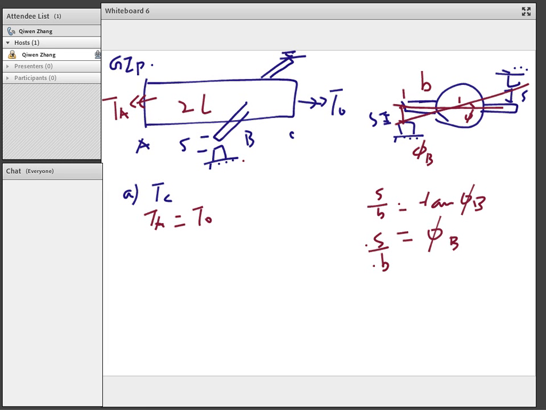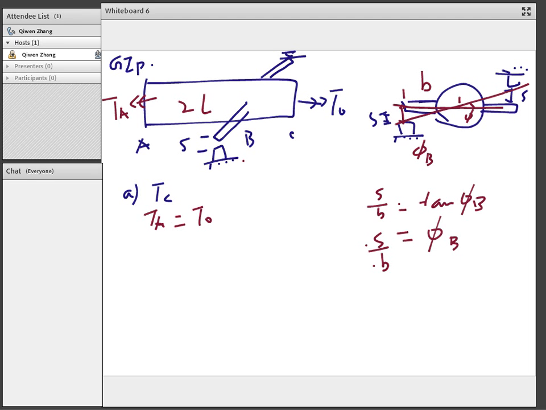So we know when you apply a torque that is larger than the critical torque, then this beam will hit the support and generate a force like that, and it is like applying a negative torque to the beam.